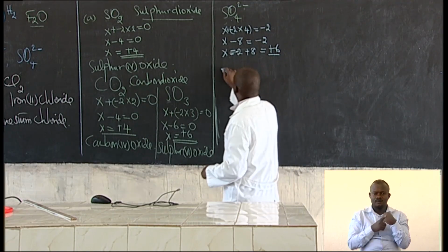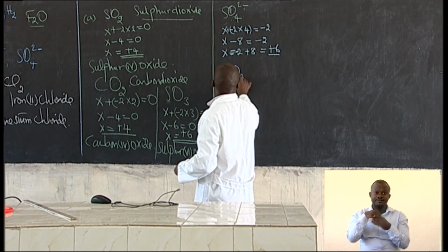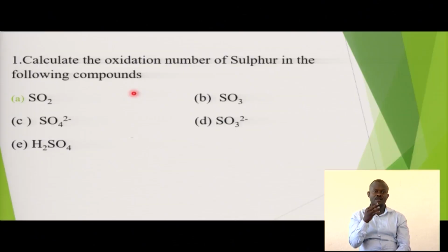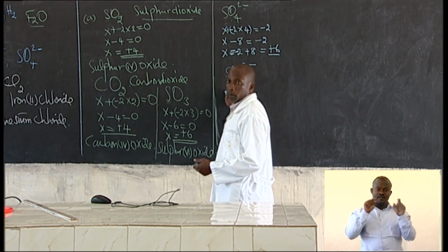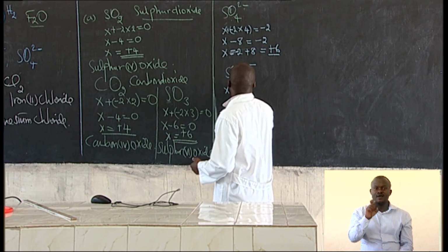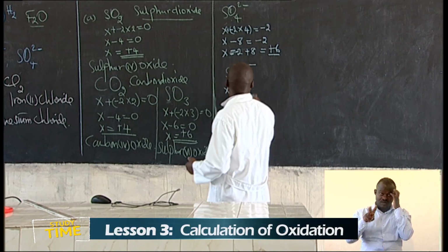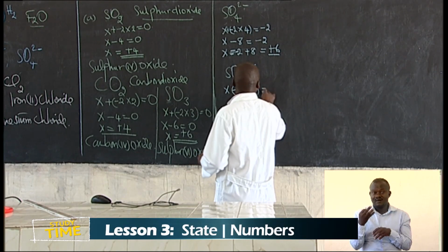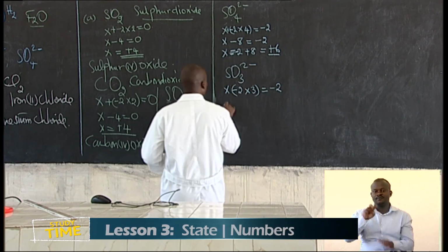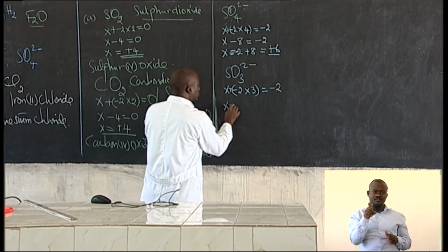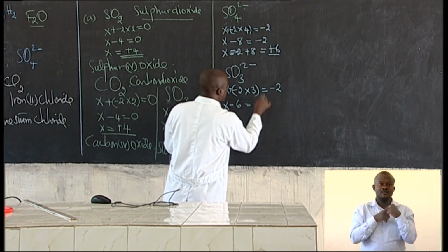You can also look at part D, the sulfite ion. This is a polyatomic ion, so you do it the same way: X minus 2 times 3 is equal to -2. So this is X minus 6, which is equal to -2.